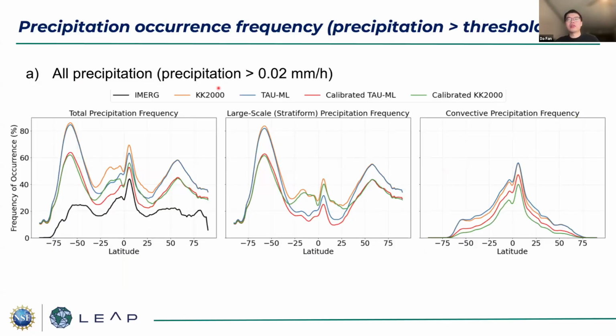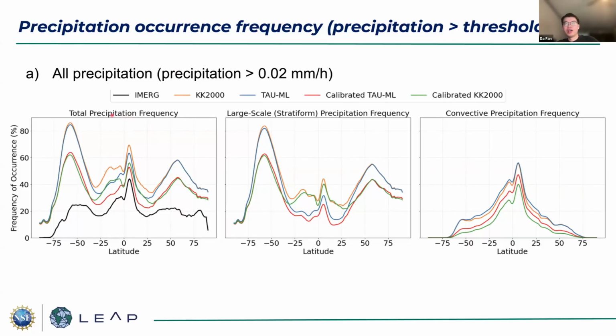Then we tried to figure out the source of the improvement by digging into the precipitation occurrence frequency, which is defined as the percentage of grid points where precipitation exceeds a given threshold. For example, here we show the frequency of precipitation that exceeds 0.02 millimeter per hour, which is basically showing all precipitation.